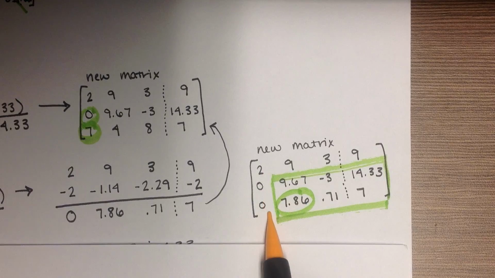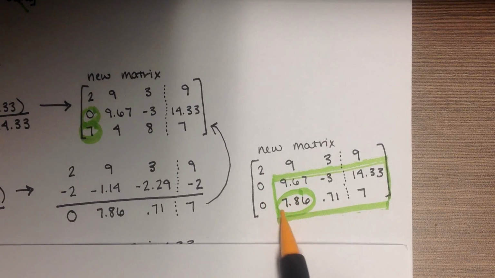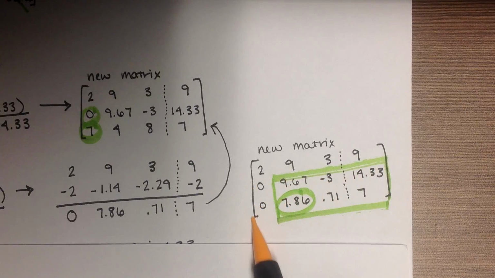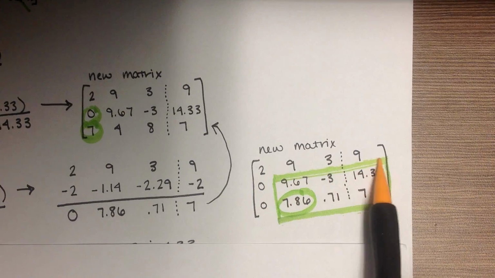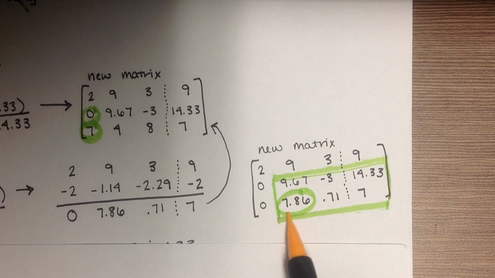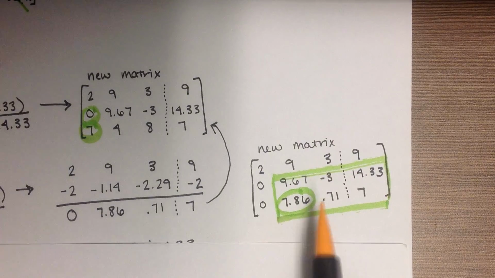So we've got 2 zeros here, and finally we want this to also be a 0. So we're going to work with the bottom 2/3 of the matrix, and really we can just ignore these 2 zeros. We're going to work with these 6 numbers. This is going to be our new matrix that we work with.